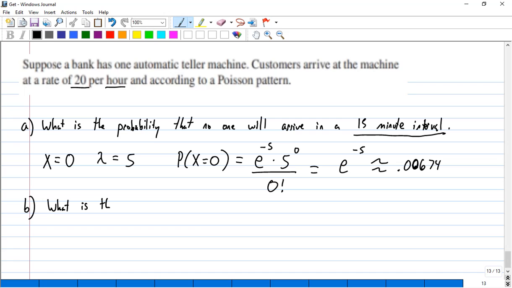What is the probability that in a 15-minute period at least 3 people will use the machine?